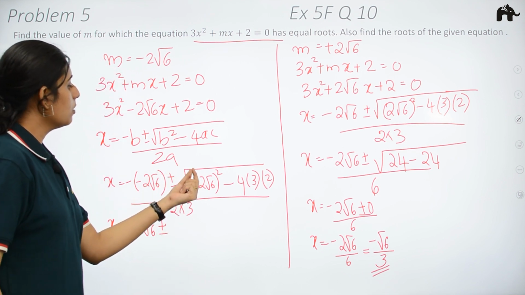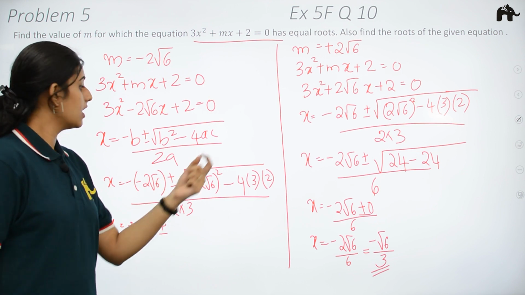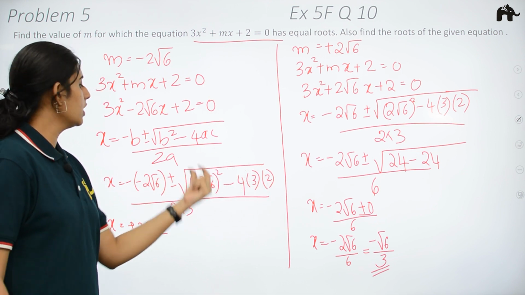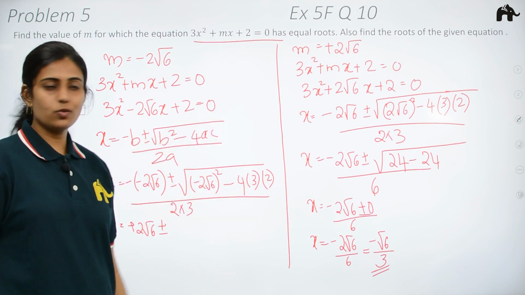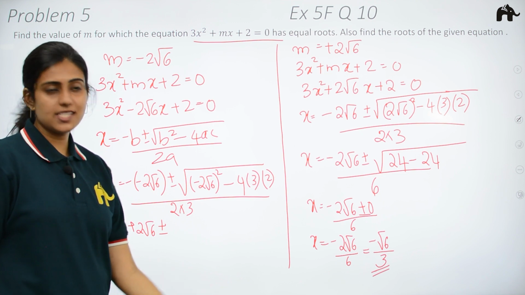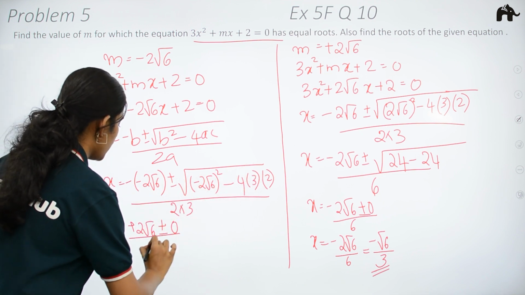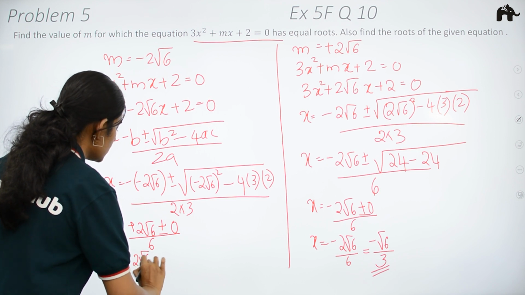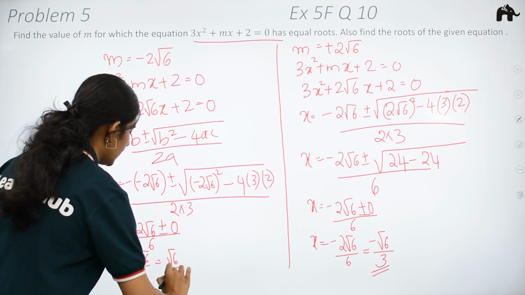Here again minus 2 root 6 whole square is 24. Minus 4 into 3 into 2. This is again 24. 24 minus 24 is 0. Because we have equal roots, discriminant should be 0. This part is 0 divided by 6. That is x is equal to 2 root 6 by 6 or root 6 divided by 3.